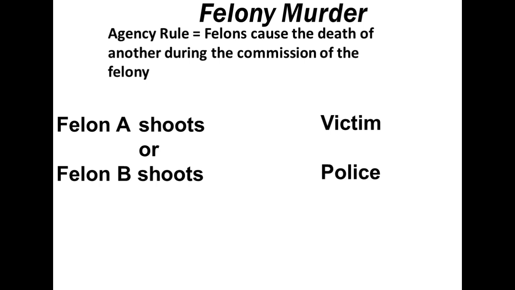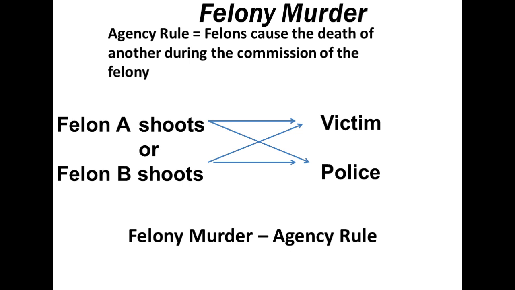Now, in this scenario, felon A shoots the victim, or felon A shoots the police officer, or felon B shoots the victim, or felon B shoots the police officer. In all of these instances, felony murder will apply, and the agency rule will permit conviction under the felony murder rule, because both felons have either caused directly the death of the victim or the police officer.